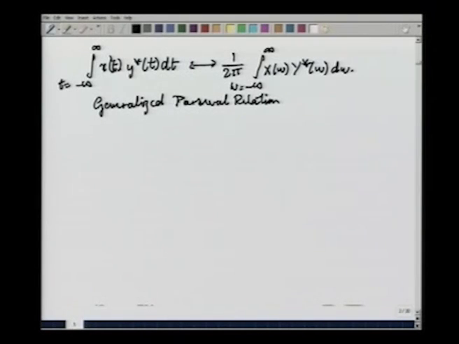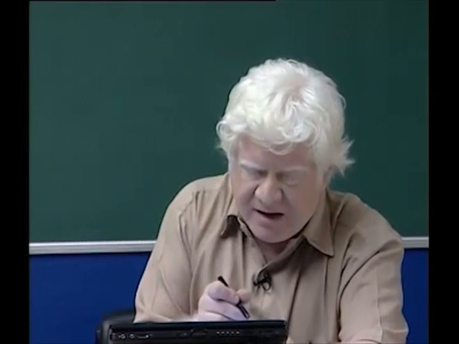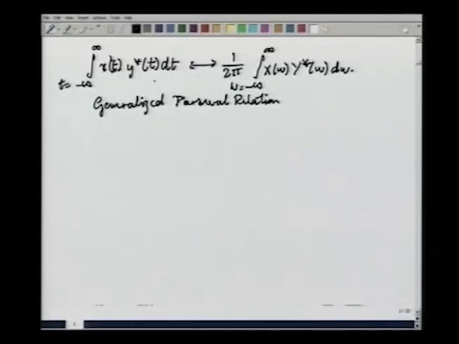In the same way, you can go around evaluating the Fourier transforms of the interactions between various functions. This is one example of an interaction between two functions x t and y star t. We want to find out the Fourier transform of x t y star t. Earlier we found out the Fourier transform of the product x t y t. Even before that we found the convolutional interaction of two functions, x t convolved with y t or x t convolved with h t. So, these are all interactions of various sorts.